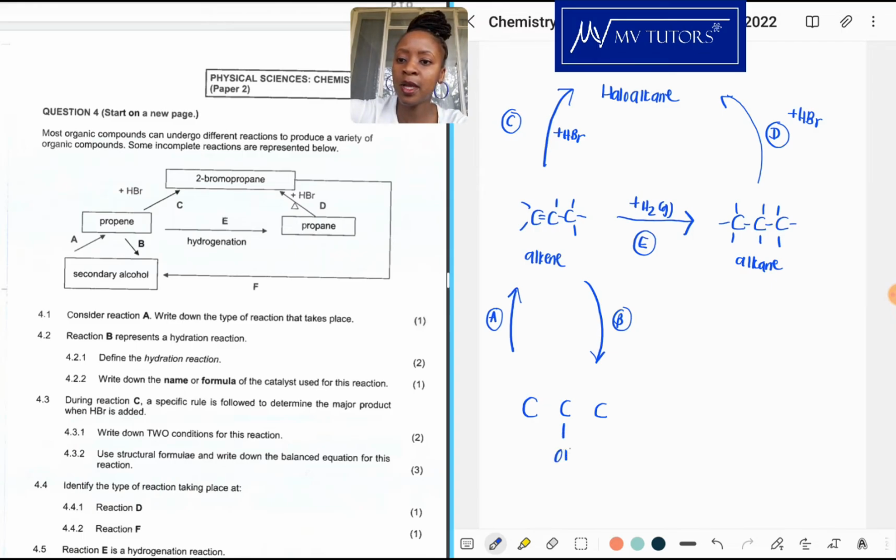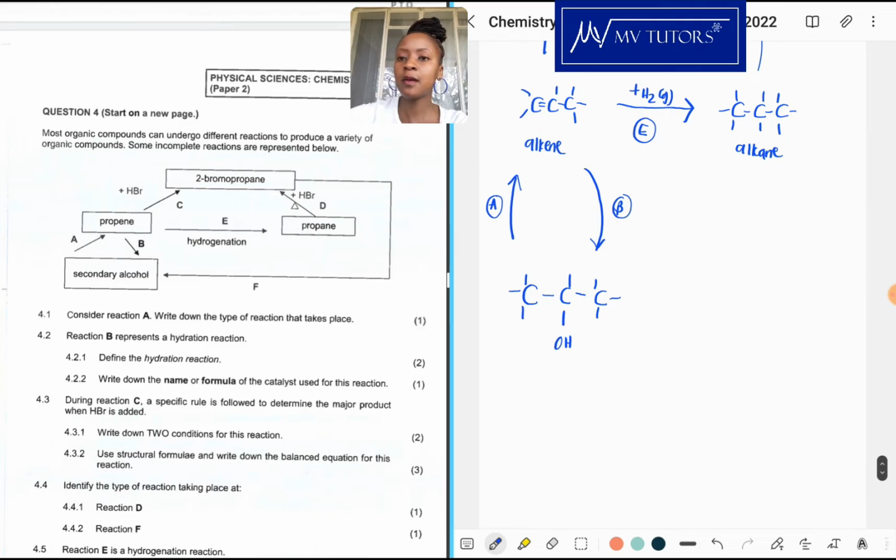So that is where the OH group is. So the secondary alcohol, this is propanol. 2-propanol, or propan-2-ol. That's your secondary alcohol.